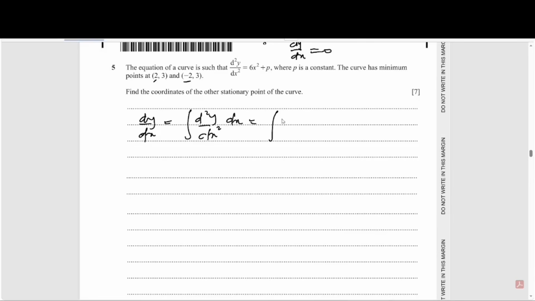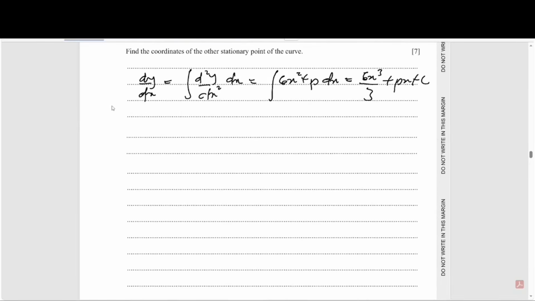That is the integral of 6x squared plus p with respect to x, and that is going to be 6x cubed over 3 plus px, and then plus the constant of integration since there are no limits of integration over here. Now the first derivative is 2x cubed plus px plus c.